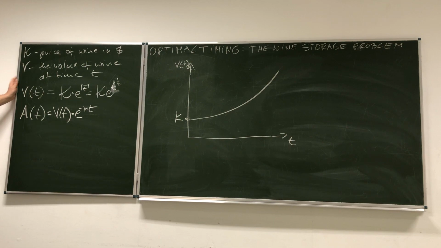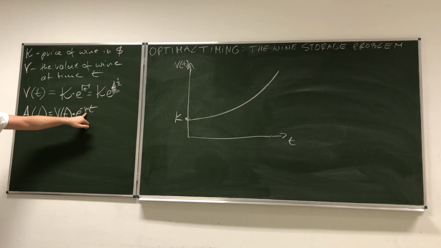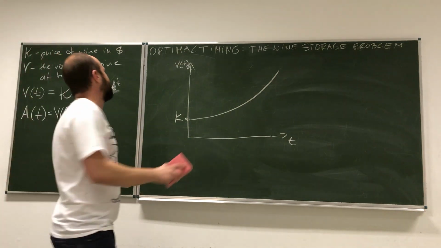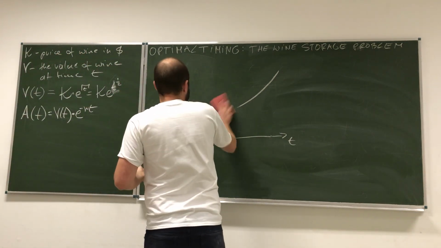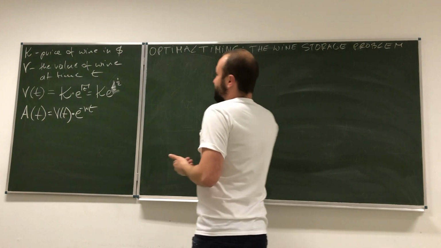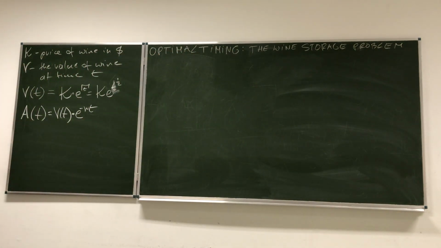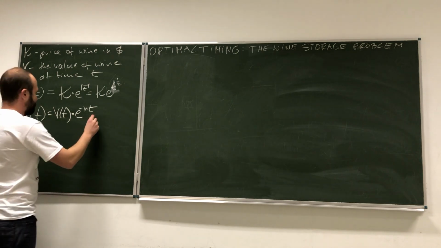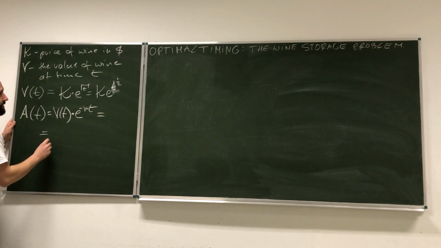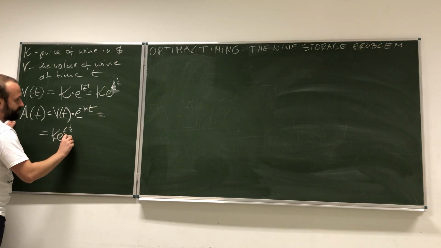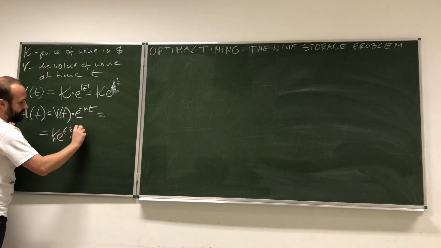And we will discount it having interest rate be, let's just say, some very safe interest rate on deposit in a bank. So now we can simplify a little bit, and we will get that this is k e to the power t^(1/2) times e to the power negative rt.